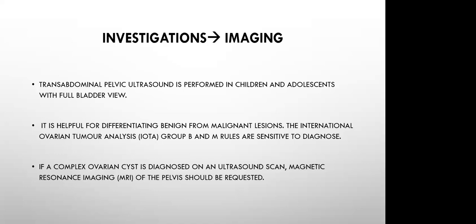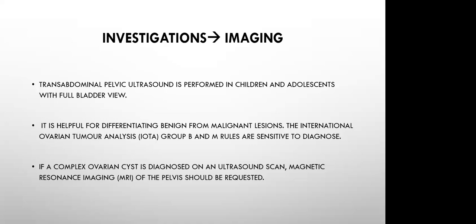But in ovarian lesions in adolescence, to confirm the nature of the mass, MRI is recommended, not the CT scan. And this is one of the major differences in management plan between adolescents and women in the childbearing period or postmenopausal women with a suspicious ovarian lesion.